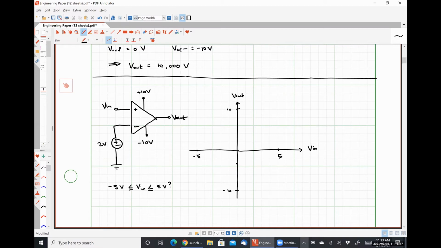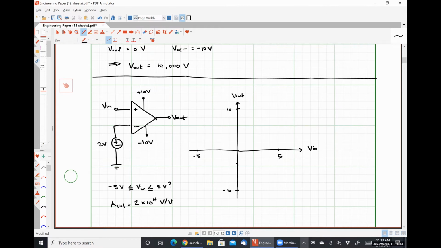And let's say for the sake of argument that AVOL is equal to 2 times 10 to the 4 volts per volt. Okay, so we're going to quantify how this behaves with a particular reference voltage and then use that to really figure out what's going on.